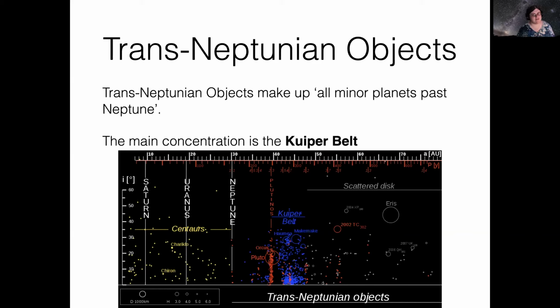This plot is showing the distance in astronomical units, A, which you can see plotted at the top, and the inclination of the orbits in degrees, and they're color-coded by what sort of objects they are. The Kuiper belt are the red and the blue objects. And there are a few different classes of those.